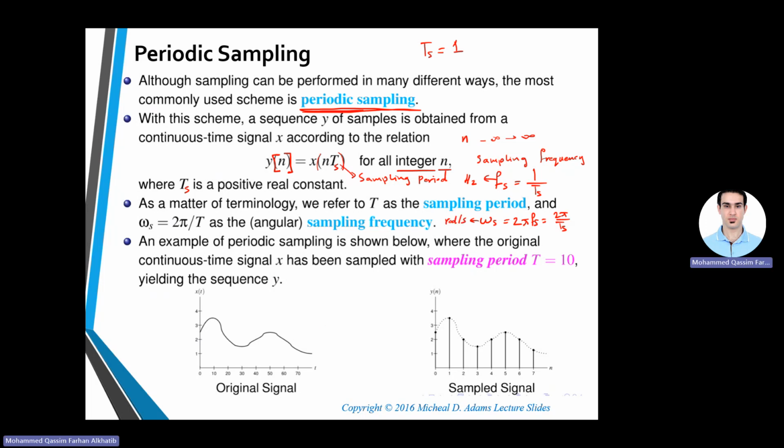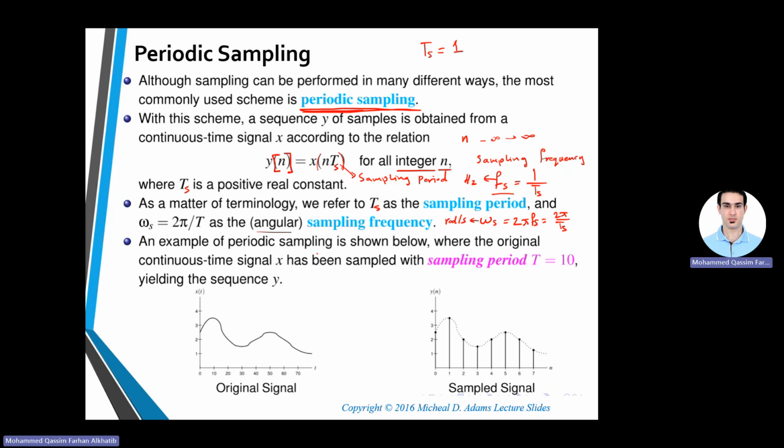Most of our work will deal with Fs only, but whatever is applicable for Fs is the same for omega s. So Ts is the sampling period, omega s is the angular sampling frequency, and this one is just the standard sampling frequency.